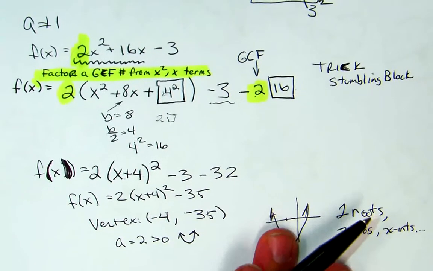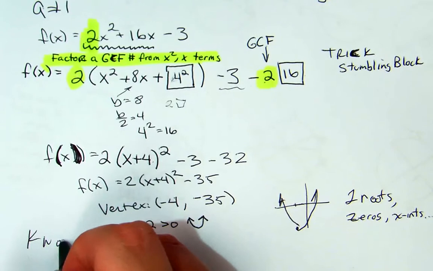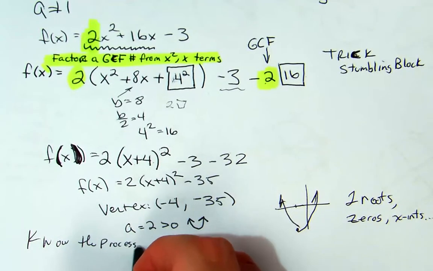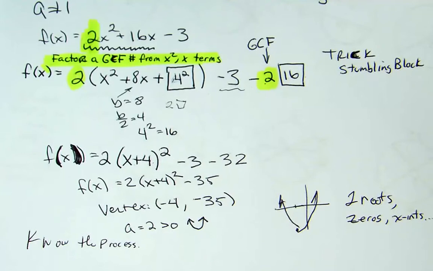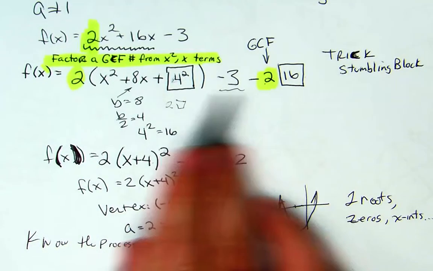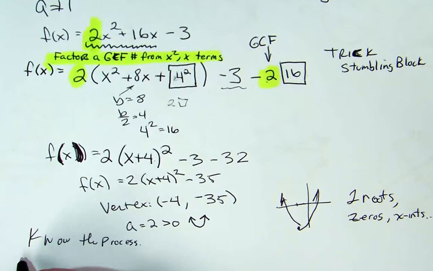Some suggestions. Know the process. It's an easy process. The hardest thing you got to do is divide by 2, square something, then you got some adding to do. You just got to know what you got to square, what you got to do from there.